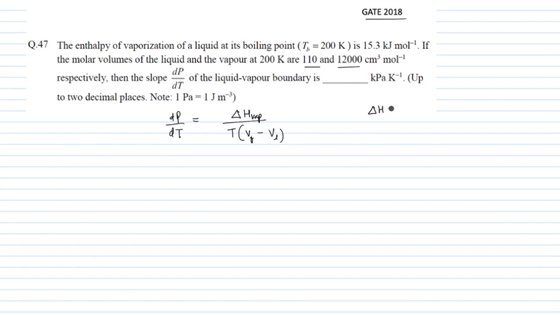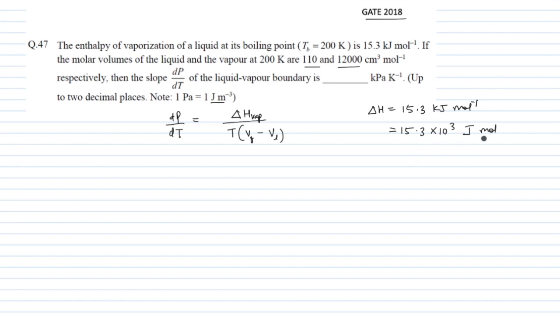Now delta H is given to me as 15.3 kilojoule per mole. I can write it as 15.3 into 10 to the power 3 joules per mole. Why joules per mole? Because at the end I should be getting my answer in joules per meter cube, in order to convert that into Pascal and then convert it into kilopascal.